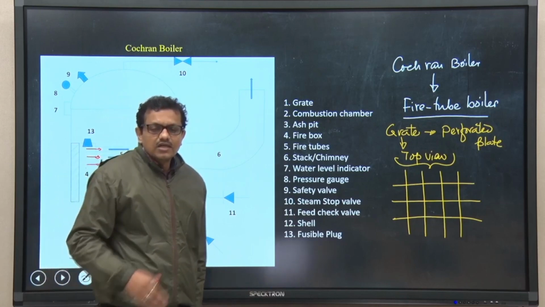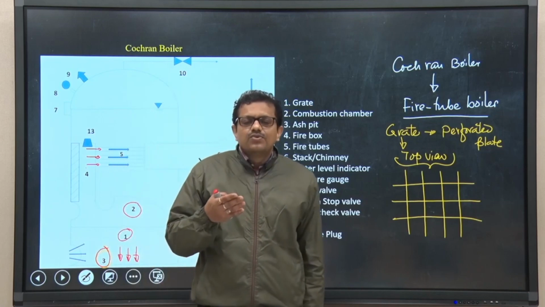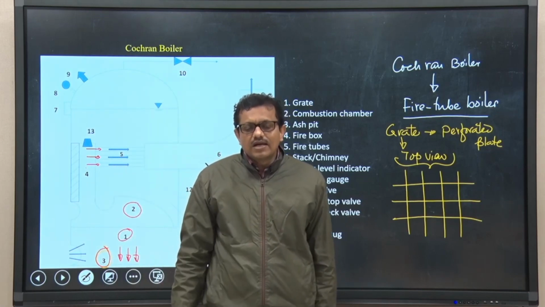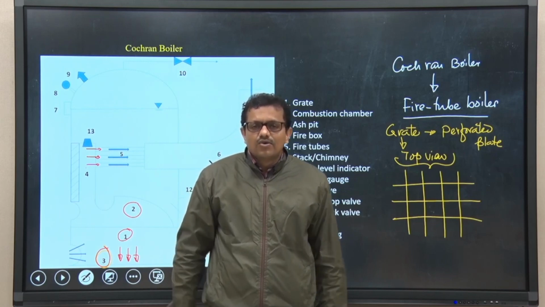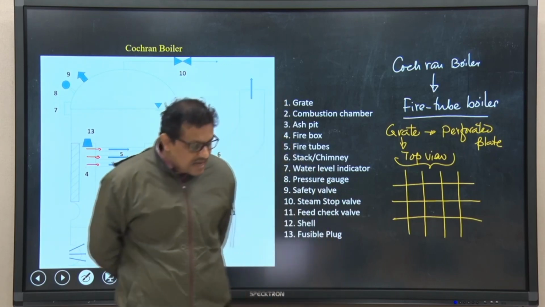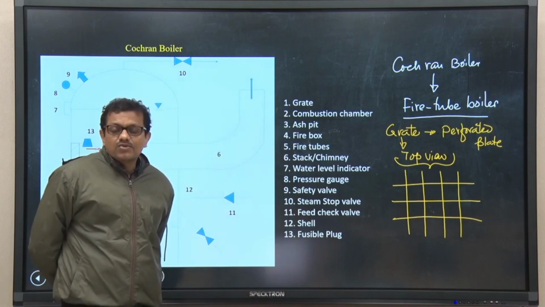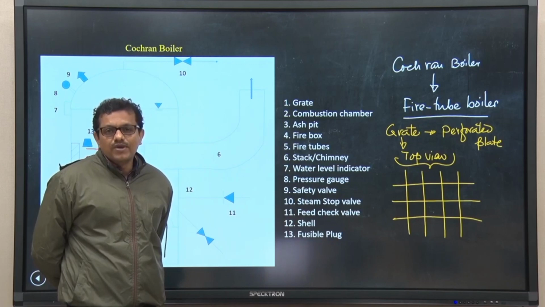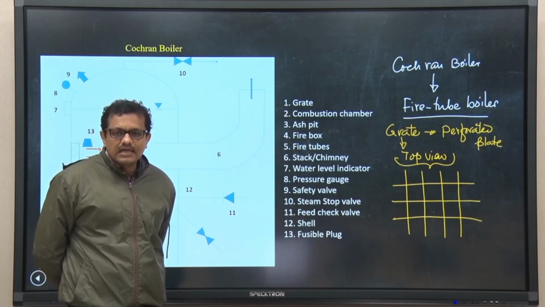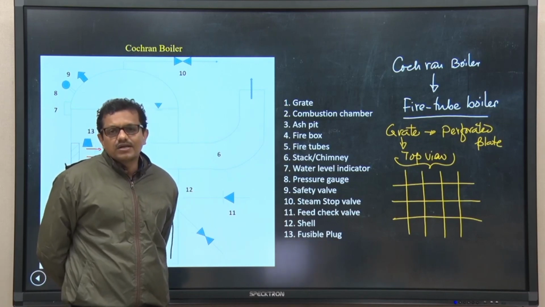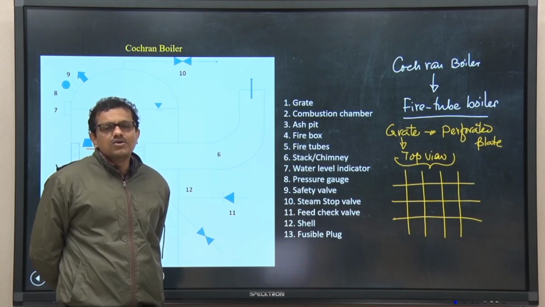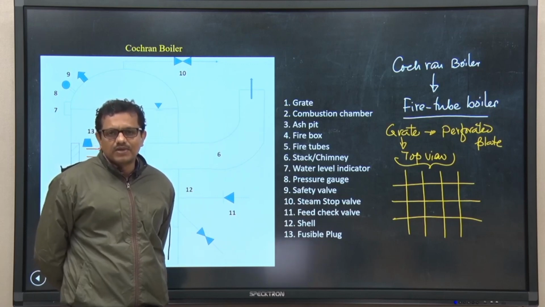So the steam which we are getting is always wet steam in a Cochran boiler. But if we recall what we discussed in the last class, in a Babcock-Wilcox boiler, if we can somehow increase the length of the tube, we may get superheated steam. In such a case, it is not necessary to have separate arrangements like a convective superheater and a radiative superheater.